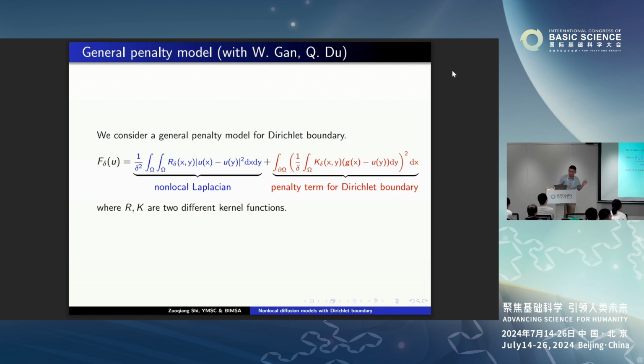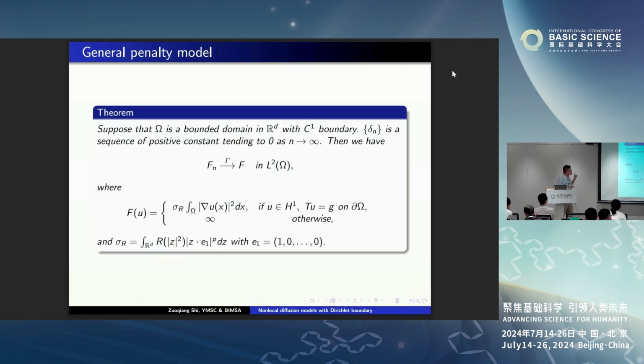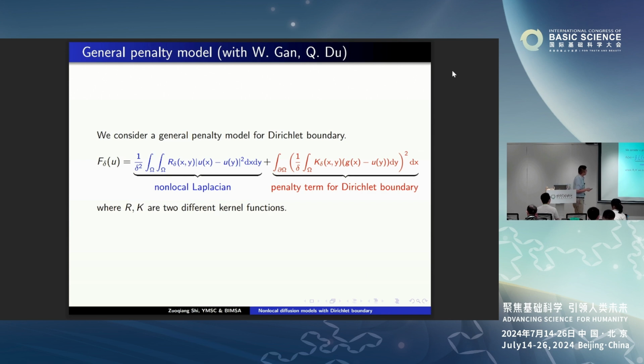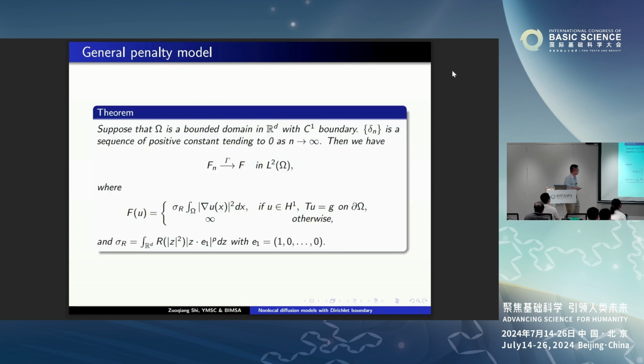Then we just analyze the convergence in the sense of gamma convergence. Gamma convergence actually is much weaker than convergence in norm. We can prove that with very mild assumptions on the kernel function, this penalty model actually converges to the original local model in gamma convergence.